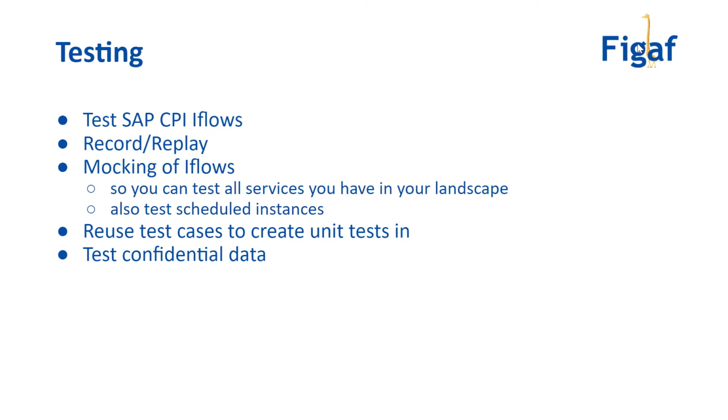The way we propose to do testing is record replay. So we'll take some data either from your productive system or an existing run from the development box. You can then, and in this case we have created mock requests.